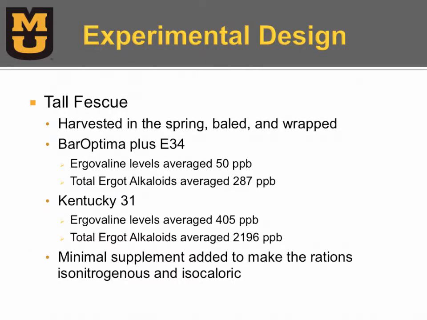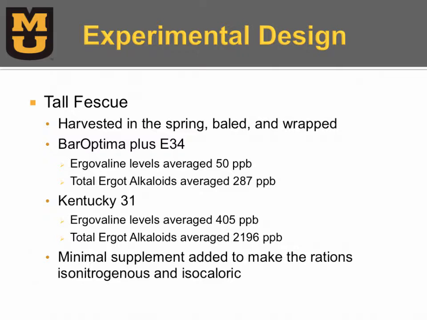The tall fescue was harvested in the spring around the 1st of May. It was round baled and then wrapped in tubes. It was allowed to set for a month, and then we tested it for its nutritional value. Bar Optima plus E34 had ergovaline levels at 50 parts per billion and total ergot alkaloids averaging 287 parts per billion.